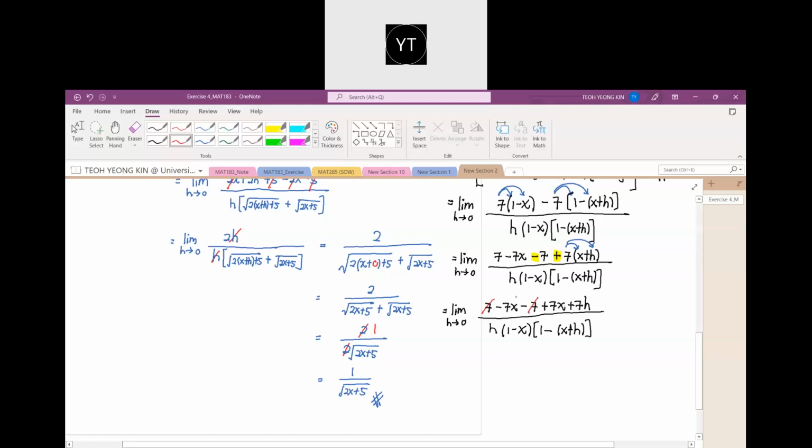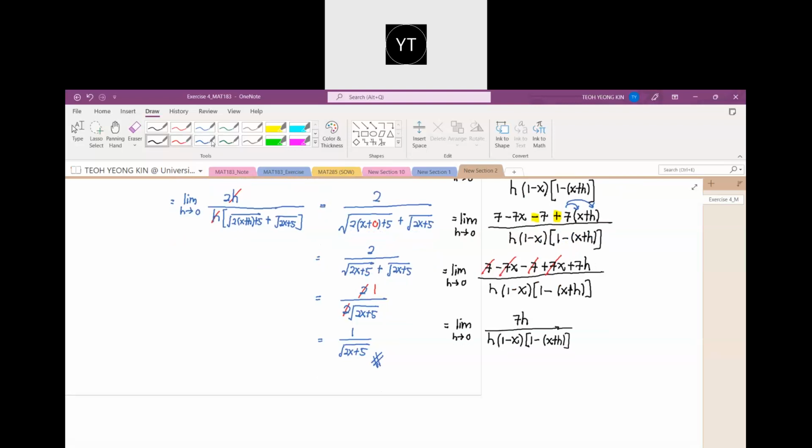Negative 7x plus 7x. What we have here is 7h only. Oh, sorry. h approaches 0. The numerator will be 7h. The denominator will be h, 1 minus x, in the square bracket 1 minus x plus h. Close the bracket. So we can cancel out the h.